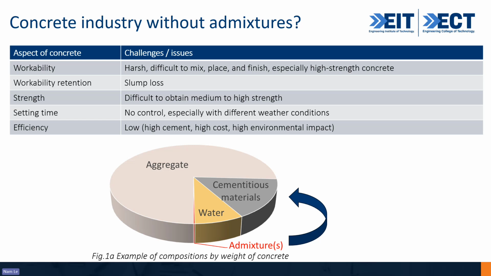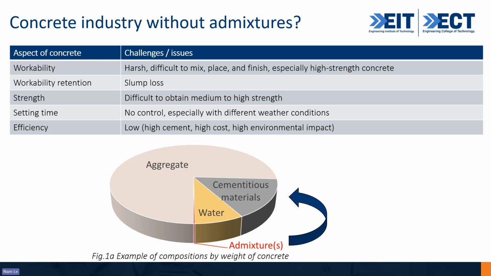And imagine if you have a concrete truck and we have a traffic jam, and without the admixtures, concrete will die in the concrete truck, right? And then we cannot use it when the truck arrives at the site. That's why admixture is very important here.